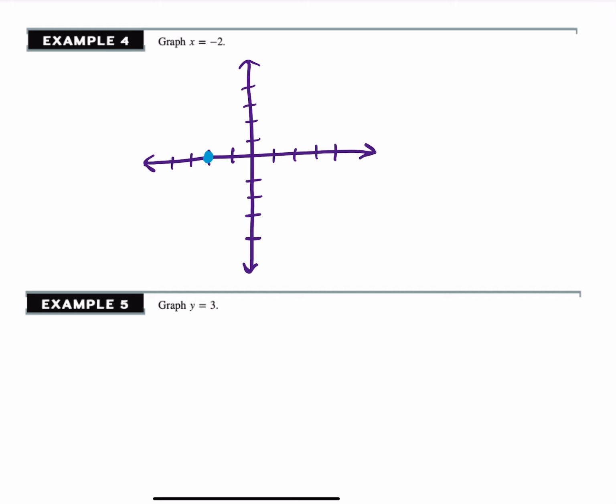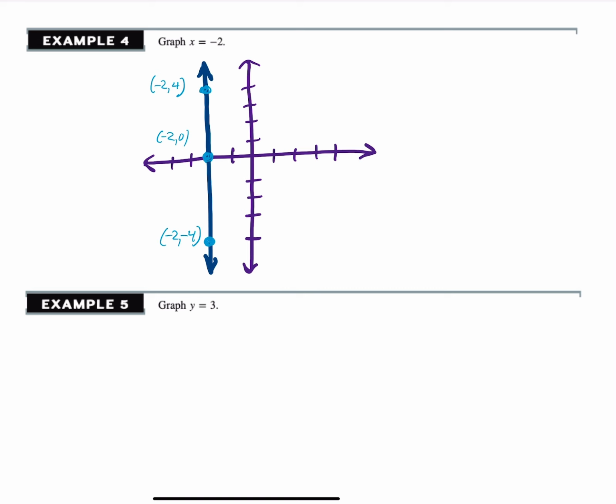So what this is saying is x will always be equal to -2 regardless of what y is. So this is going to create our vertical line going through -2 on the x-axis. We can imagine any point on this line, like -2, 0, or up here would be like -2, +4, or down here, -2, -4.